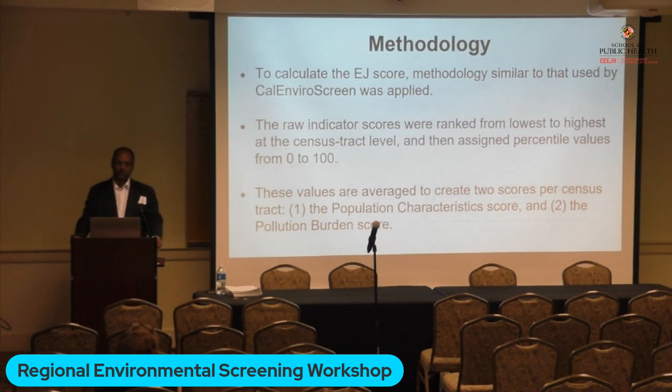The methodology is similar to the Maryland EDGE Screen and California's environmental screen. The raw indicator scores for all indicators are converted to a scale from 0 to 100 based on whatever raw data they have. Those values are averaged to create 2 scores: population characteristics and pollution burden.